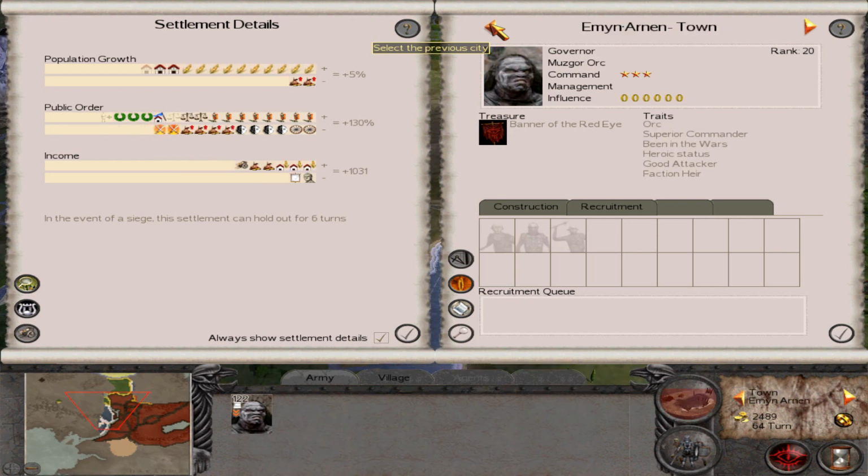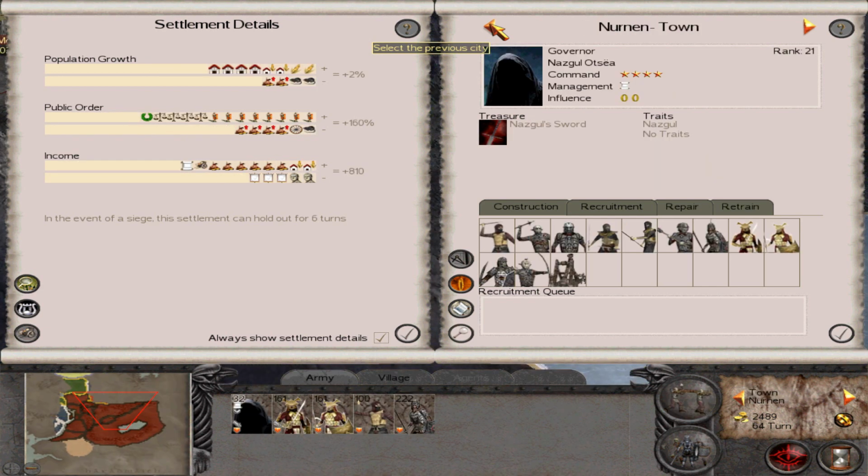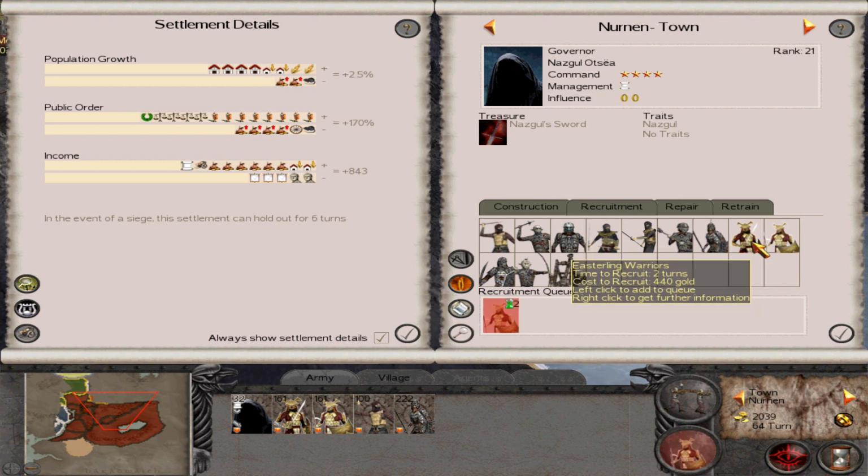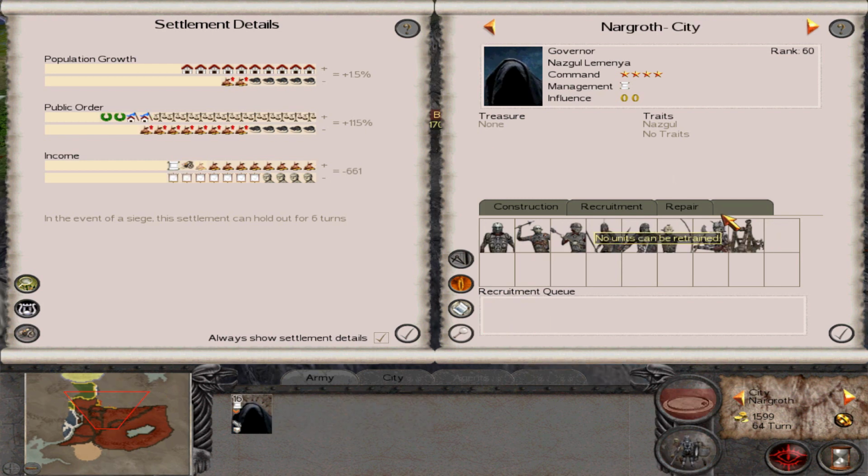Trolls are pretty good. They are strong. We'll also go for some Easterlings, I believe, in Nurnen. And the Greater Orc Manslayers in Nargothrond.